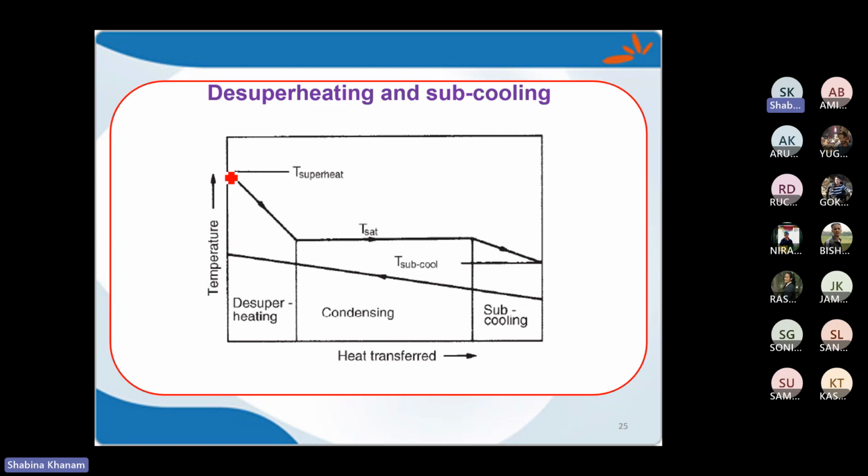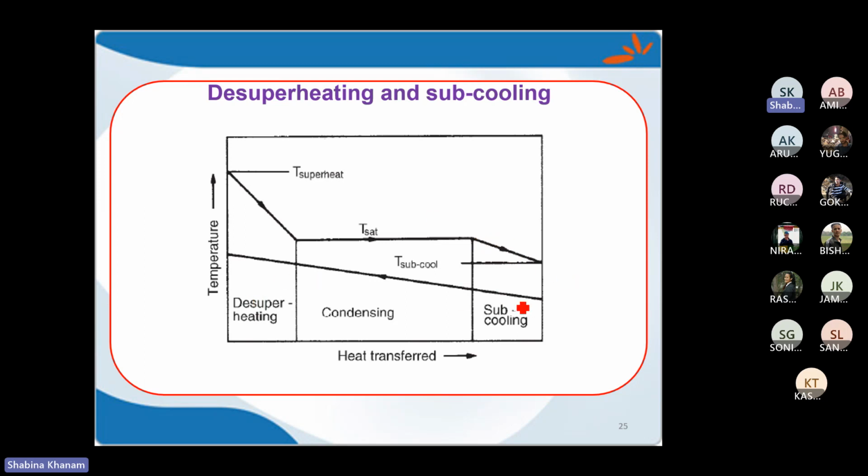So if your vapor or steam is available at a superheated condition, up to a certain extent I am having de-superheating, then condensation, and after that the condensate should be complete condensate, or it should be at a slightly lower temperature. If you need to store it at a particular temperature, then I'm having subcooling as well.